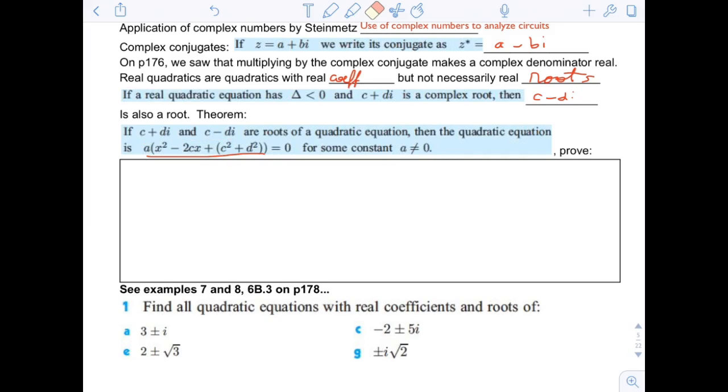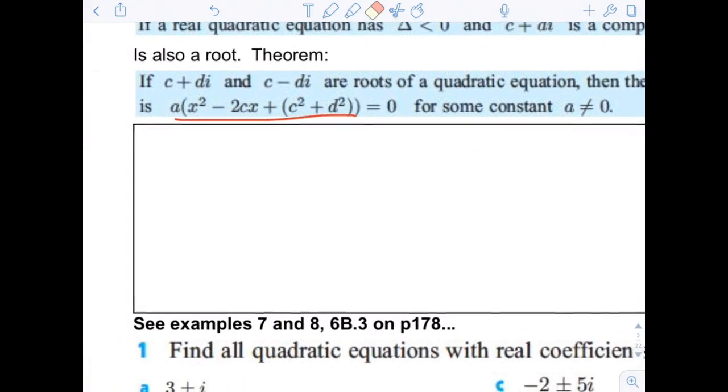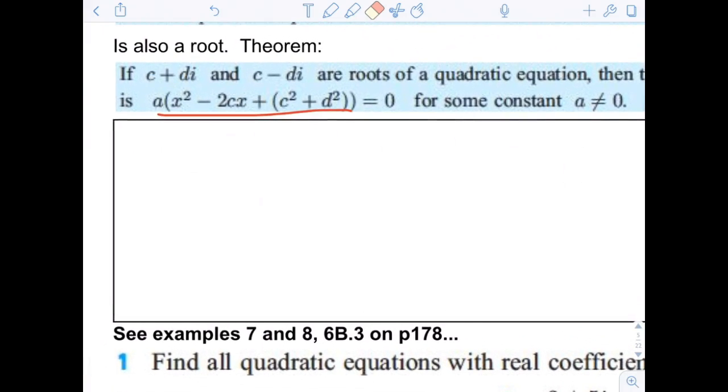If we know that these are two roots of a quadratic, we know that those are the only two roots because the quadratic only has two roots. And we could write it in factored form, right? So let's put a there to make it a general quadratic that doesn't necessarily have a leading coefficient of 1.